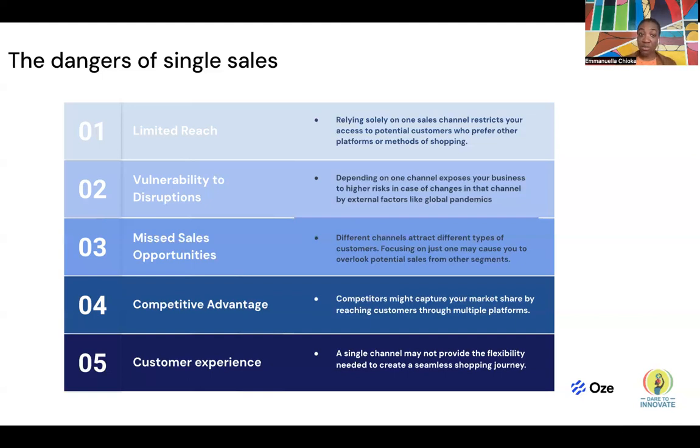The fourth danger of a single sales channel is that you lose competitive advantage. Competitors may capture your market share by reaching customers through multiple platforms. And so firstly here, the concept of market share is, if you are selling baked goods, for instance, your market share in this context, or in any context really, is the amount of people who like to buy baked goods in your town, or in your community, or in the country that you serve, that you're able to reach, right?